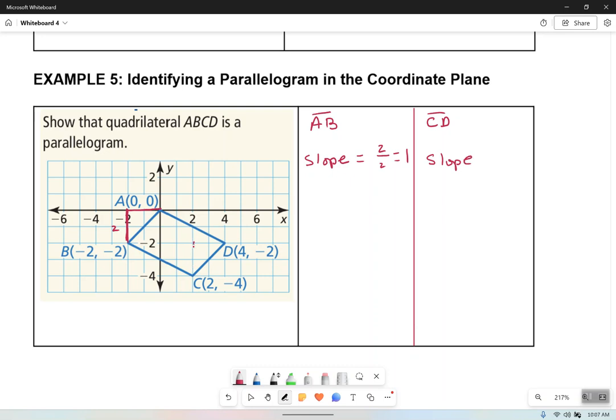Kids, from C to D, what's the rise? What's the run? 2 over 2 again, right? First question: slope's the same? Means those two sides are parallel.